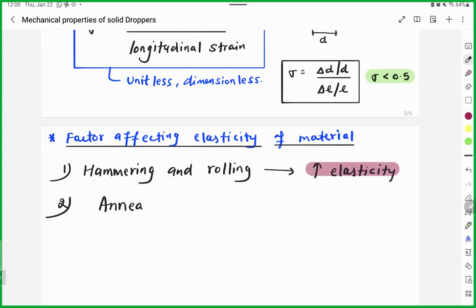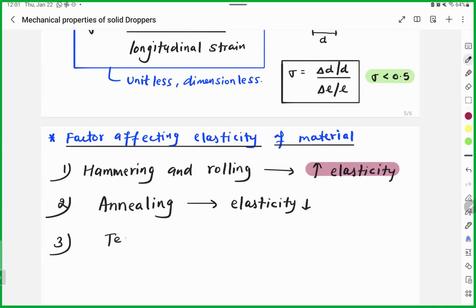Second is annealing. Annealing means heating and cooling. If you do heating and cooling, then it will lose the nature of elasticity. If you keep on heating and cooling it, then it will lose the nature of elasticity. That's why elasticity will decrease.